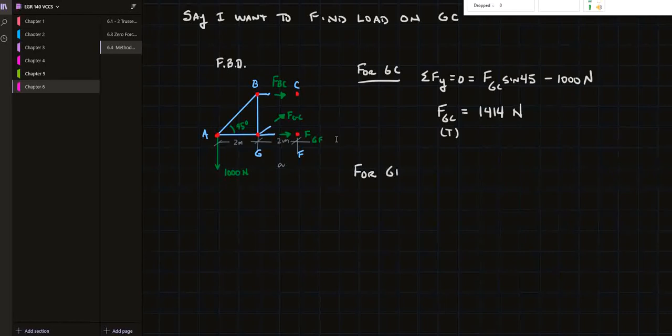Here's GF. Let's analyze GF now. Or better yet, let's do BC. Analyze BC. So to analyze BC, I could just sum moments about G. Set those equal to 0. Since I'm doing this whole structure, we've got moments.